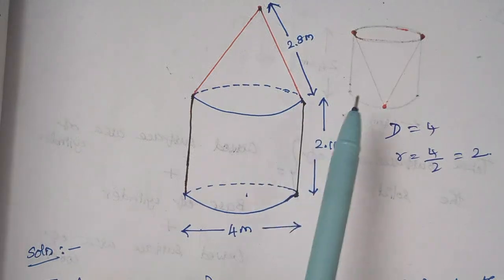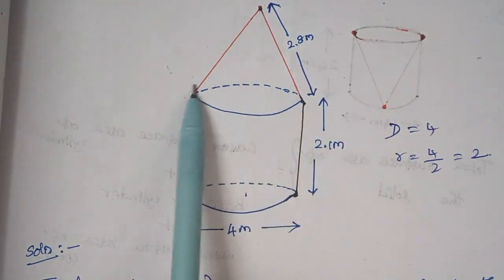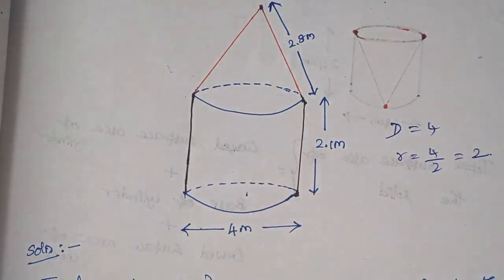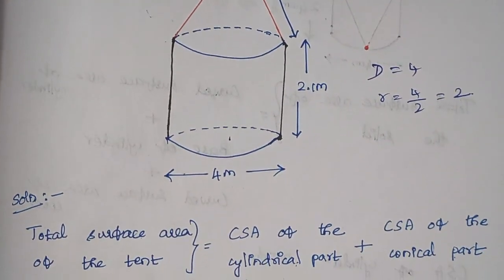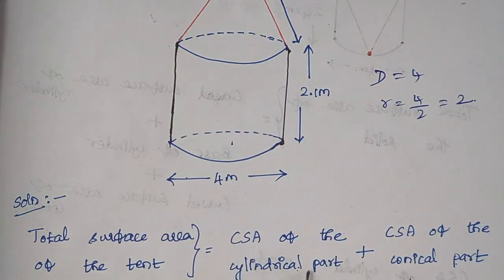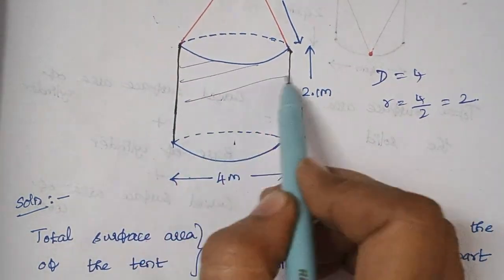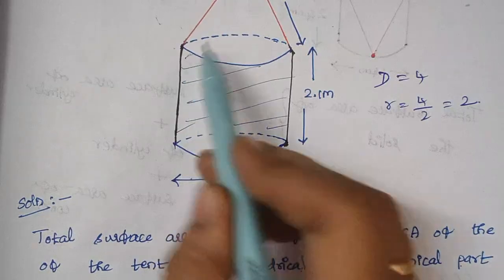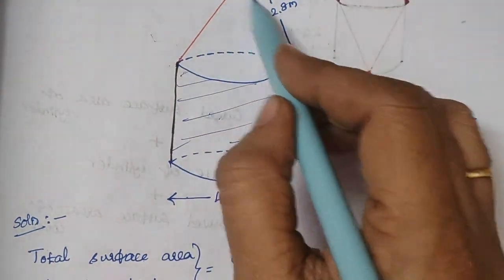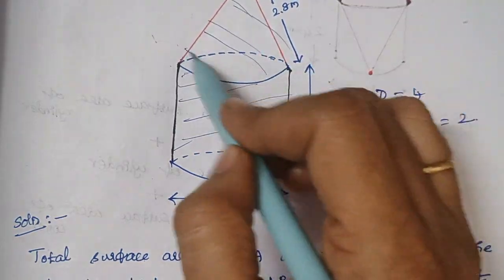In other words, this is common for your cone and this cylinder. That is why I wrote the curved surface area of the cylinder, because it covers this area, and the curved surface area of the cone covers this entire area.